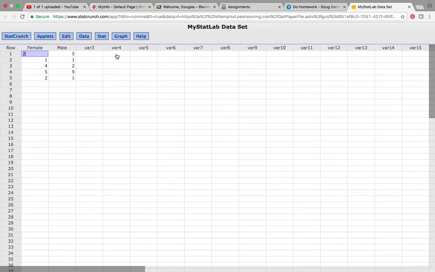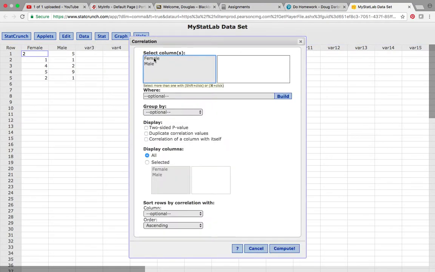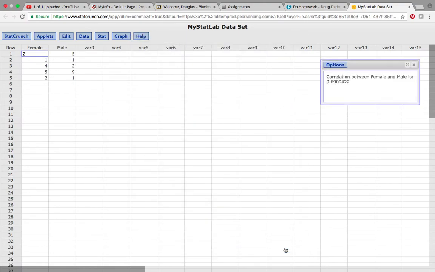Now, the easiest way to find the correlation is to just go to Stat, go to Summary Stats, and go to Correlation. And I want to choose both of these. And this two-sided p-value, that's higher level stuff. We don't need that. All right, so we just need to compute the correlation, and we see it's 0.6909.